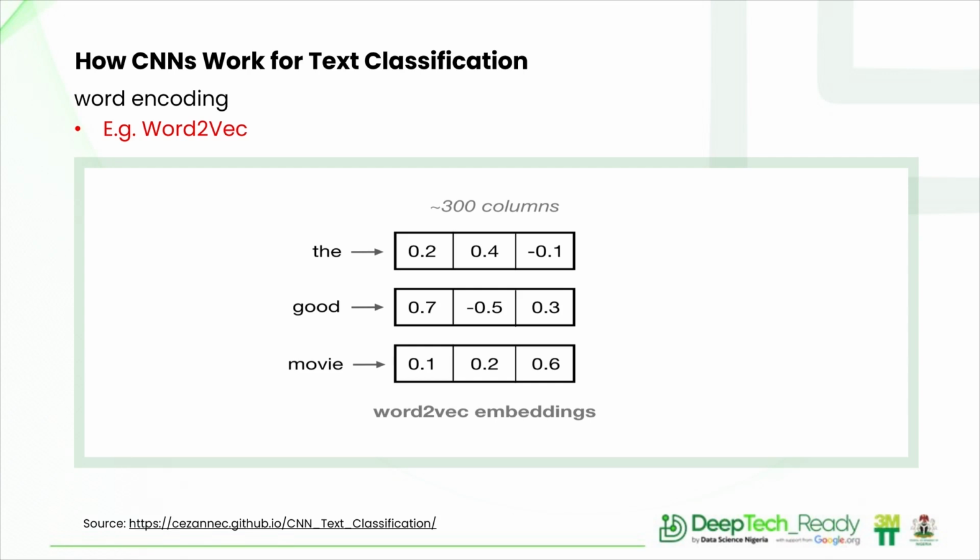And basically what we do here is similar words have closer values. So for example, the word "the" can have, let's say, 0.2, 0.4, minus 0.1, and so on, depending on the number of columns that you are using to represent that particular dimensional space. Okay.